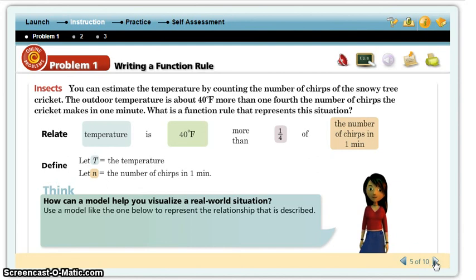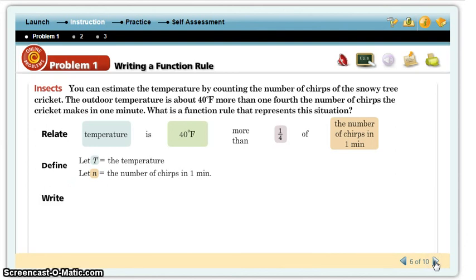Use a model, like the one below, to represent the relationship that has been described. 1/4 of the chirps per minute and 40 degrees combine to yield the temperature. That's just a good visual representation of this relationship.